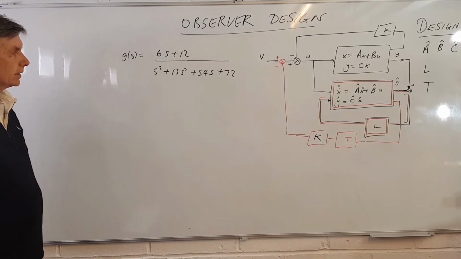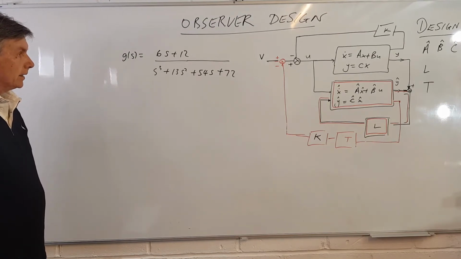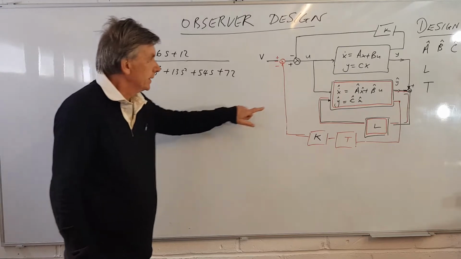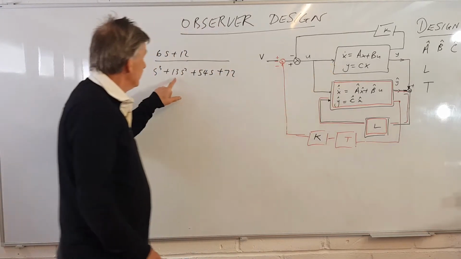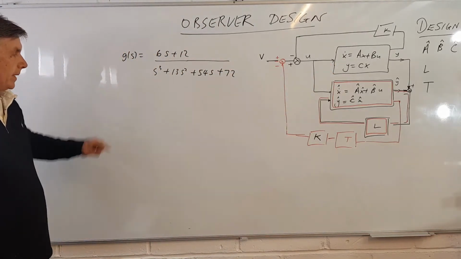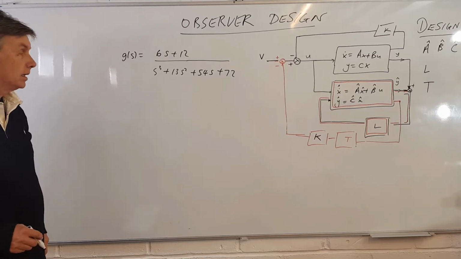So let's start off with this. A good starting off point would be to work out some corresponding state space equations for this system here. So our best option is to do it in companion form.